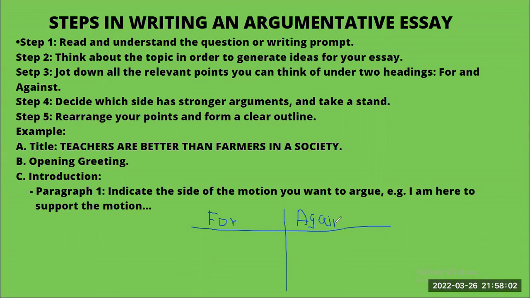Okay, so you draw a table like this with 2 sides. One side is for and the other is against. So you jot down the points, all right?